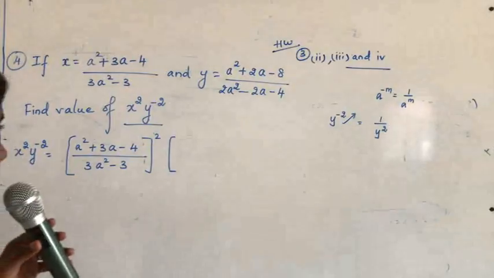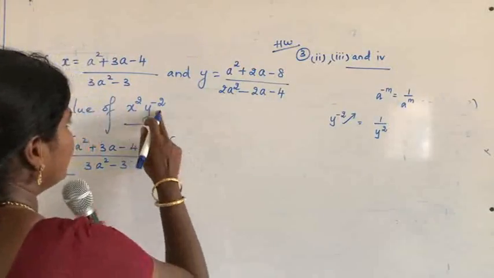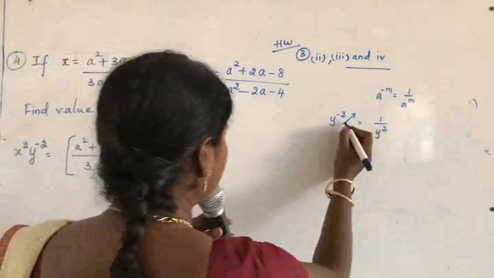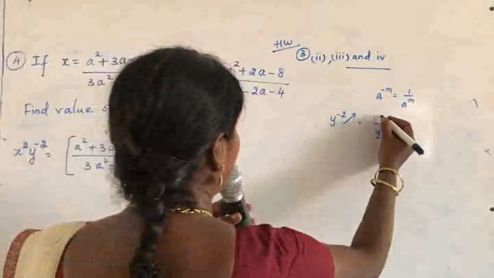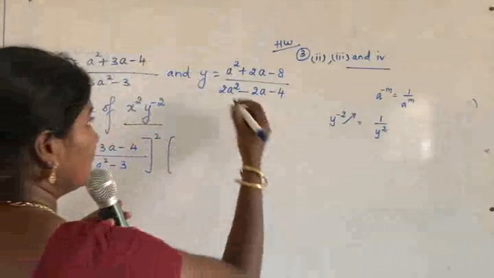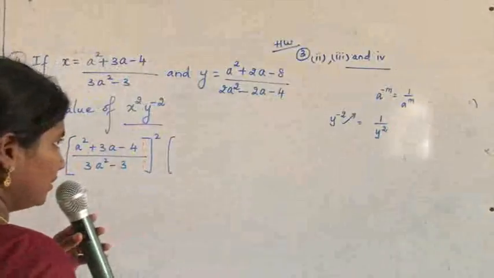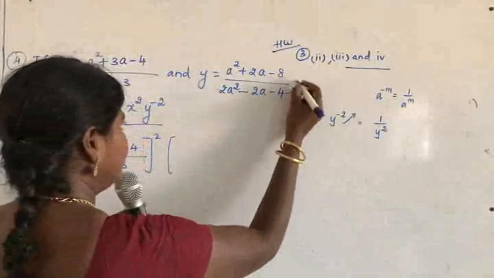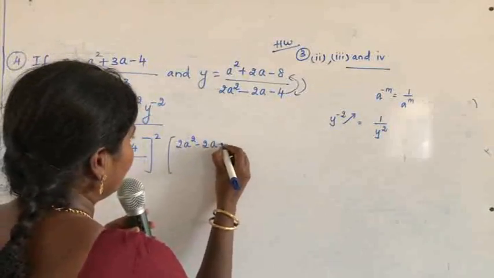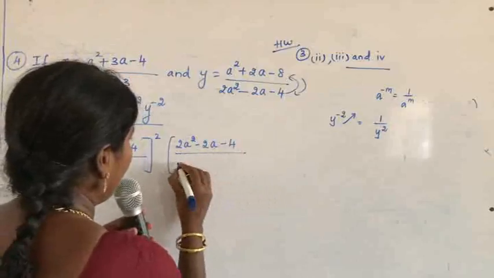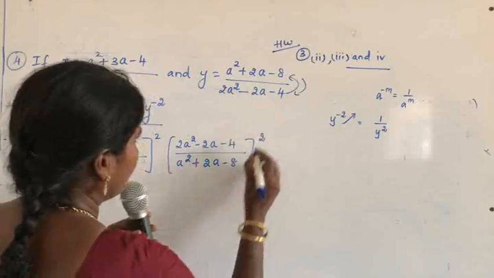Actually we can write one more step, but I will do it directly. y raised to minus 2 is nothing but the reciprocal, 1 upon y square. 1 upon y square means you have to just interchange the numerator and denominator. So what do you get when you interchange the numerator and denominator? 2a square minus 2a minus 4 upon a square plus 2a minus 8 the whole square.